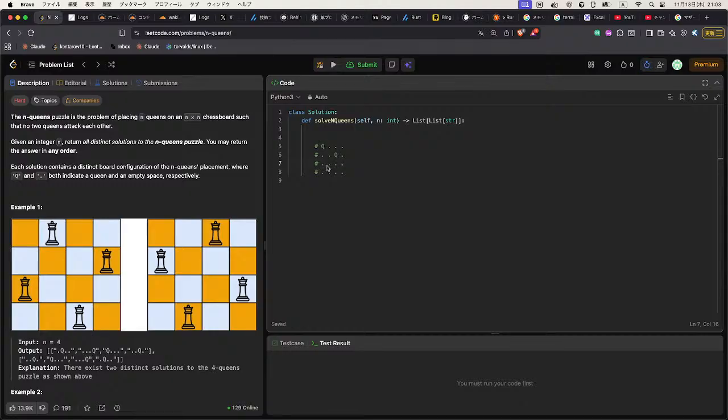and this is not good. This is also not good because there is a queen on the diagonal line, and this is not good because it's on the vertical line, and here is also not good, diagonal line.